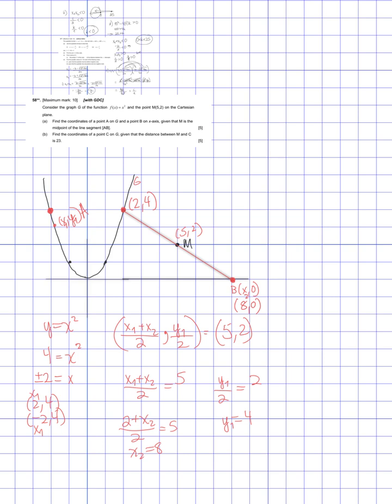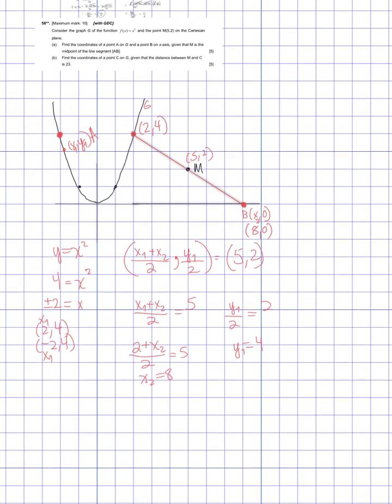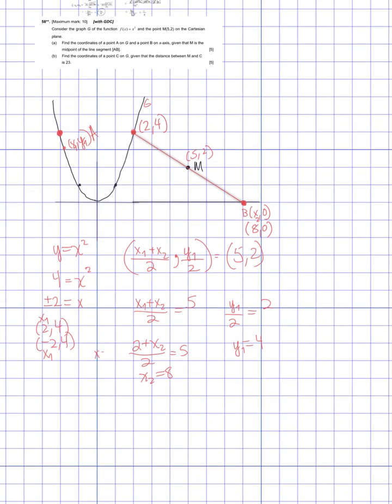For the case if x is negative 2, so this was when x1 was 2, if x1 is negative 2, we're going to have negative 2 plus x2 over 2 equals 5, and then we'd have x2 is 12.